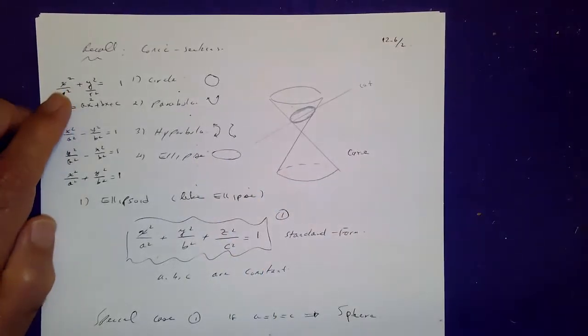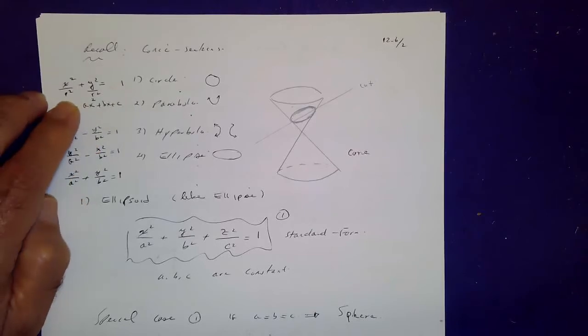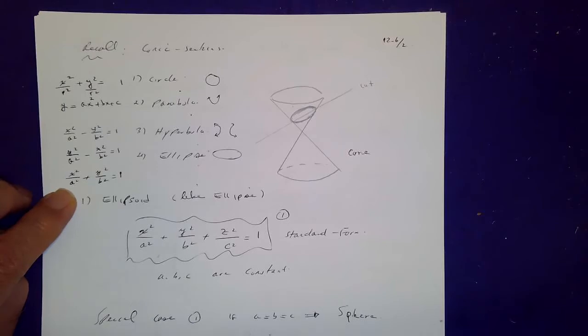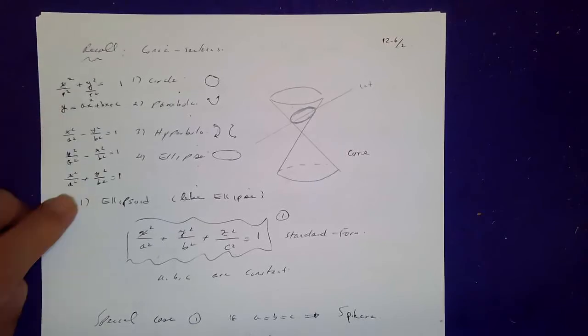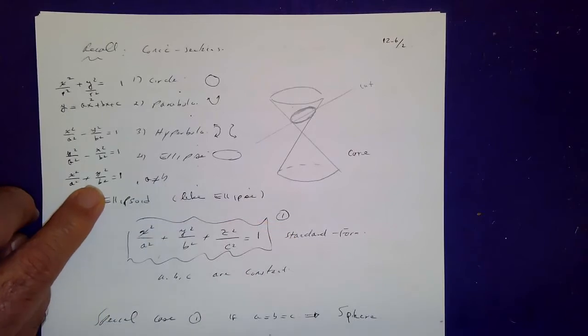A circle, you all know, is x squared plus y squared equals r squared. If you divide both sides by r squared, you get 1. So a circle is a special case of an ellipse. Do you see it? For an ellipse, the denominators are not the same, so a is not the same as b.